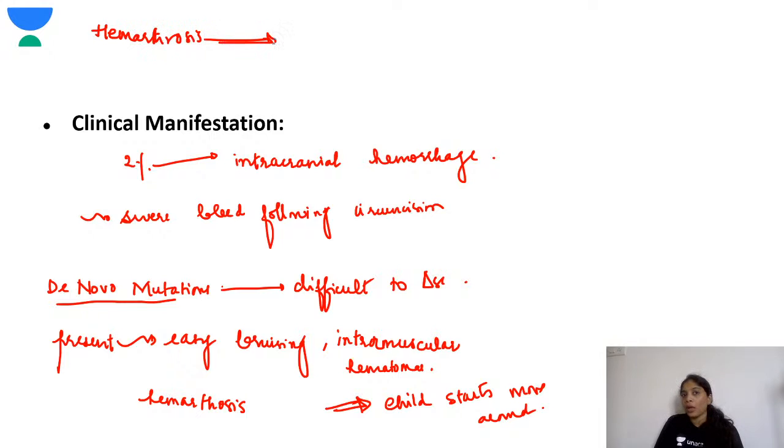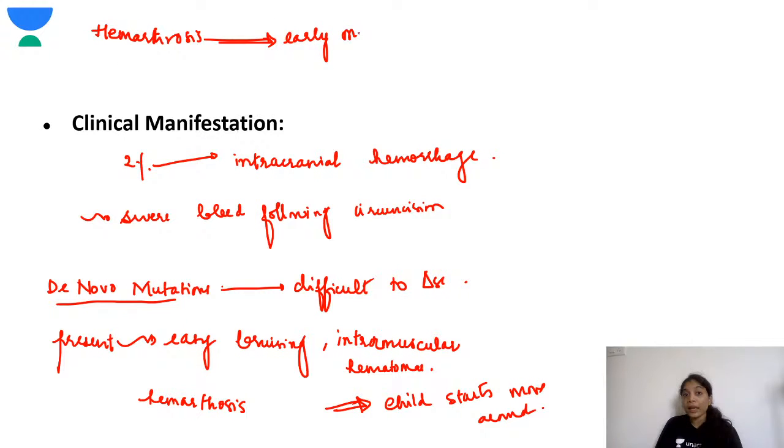Now when they come with hemarthrosis, if it is a first episode, what happens? Very good, Aparna. First of all, children won't be able to tell, so until they have a huge swelling, the diagnosis won't happen. This is early onset.